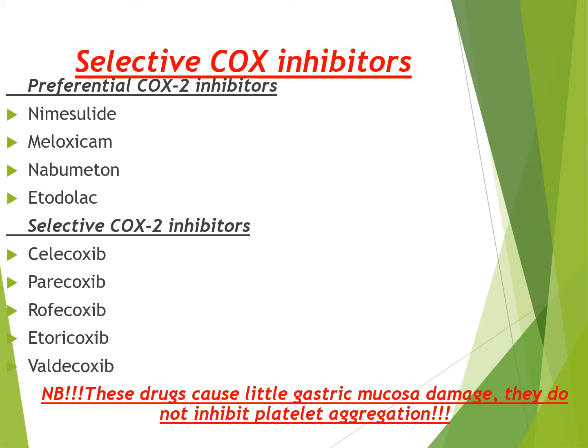And selective COX-2 inhibitors: celecoxib, parecoxib, rofecoxib, etoricoxib, and valdecoxib. It is important to pay attention that these drugs cause little gastric mucosa damage due to the inhibition of the COX-2 enzyme. They do not inhibit platelet aggregation.